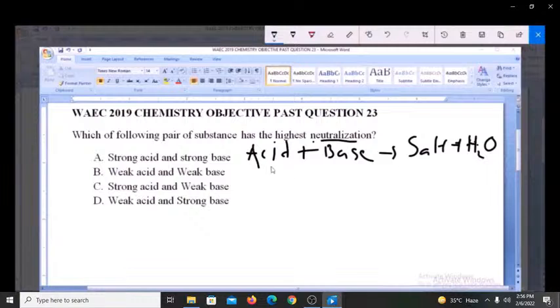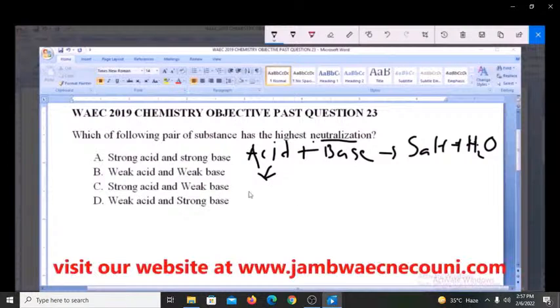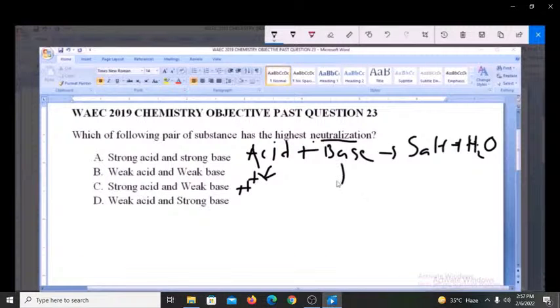Now, an acid is a chemical substance that dissociates in water to liberate hydrogen ions, while a base dissociates in water as well to liberate hydroxyl ions. So what differentiates a strong acid from a weak acid?